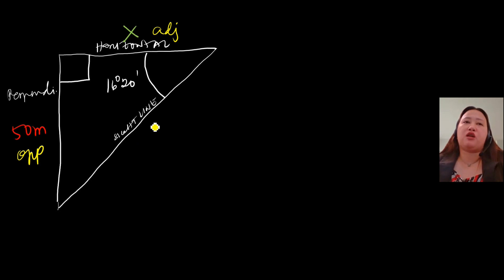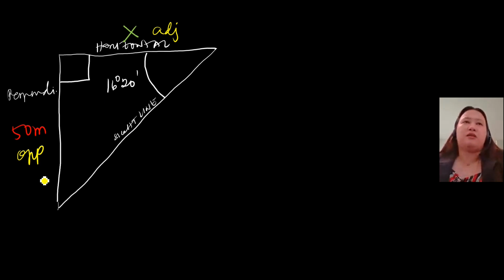Second, we do not have any measurement here because it is not given in the problem. Again, the sight line's measurement is not given in the problem, and also it is not asked in the problem. So if it is not being asked in the problem, you can solve the triangle even without this hypotenuse. You can do it so.